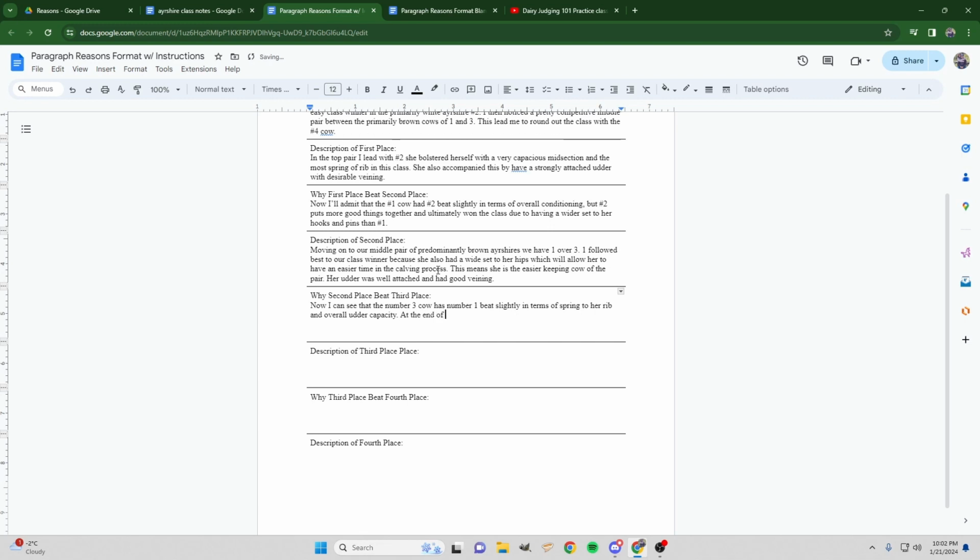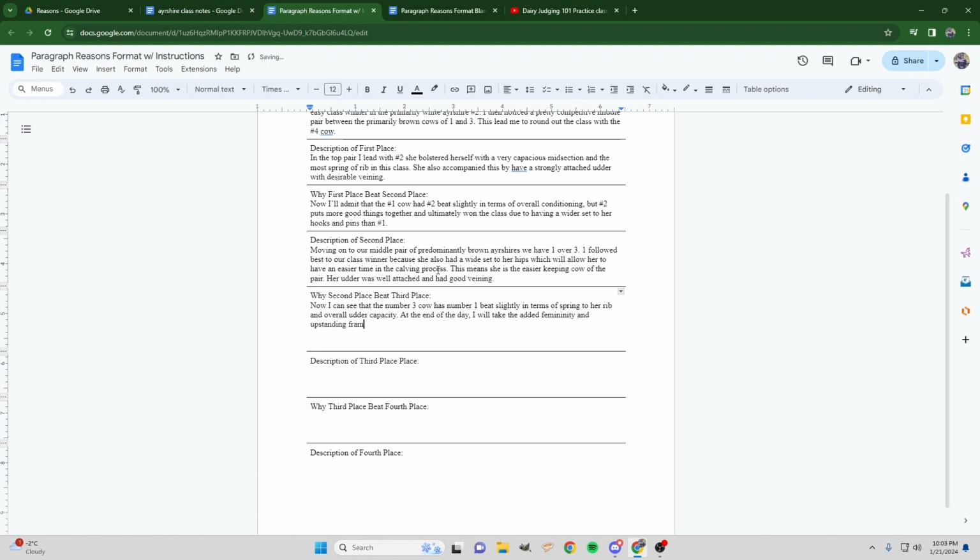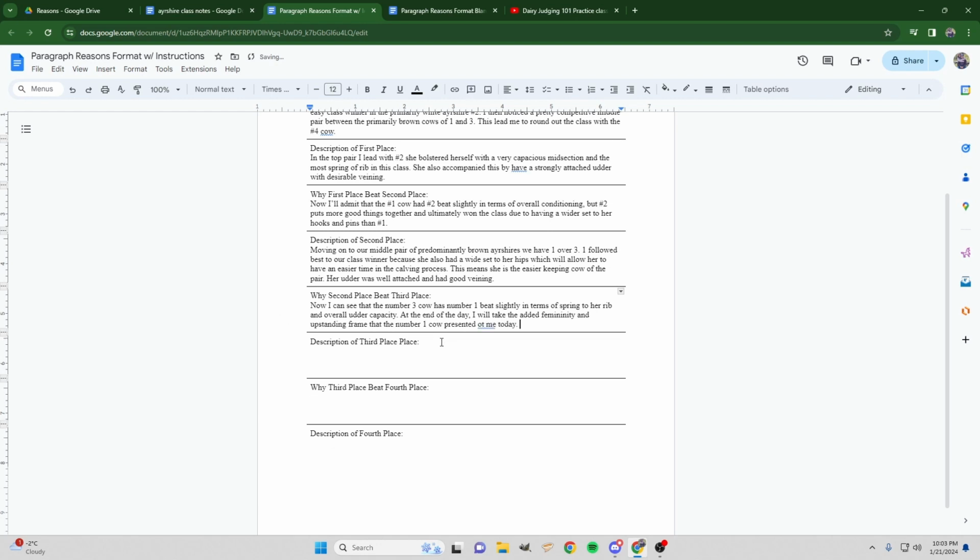At the end of the day, I will take the added femininity and upstanding frame that the number 1 cow presented to me today. Okay.